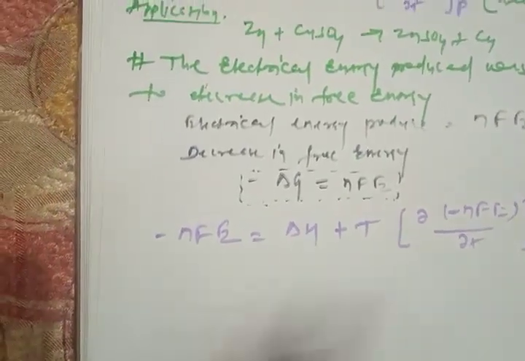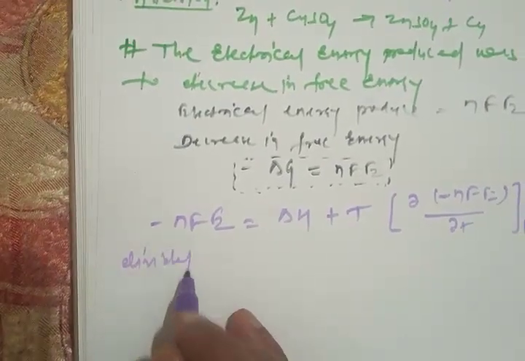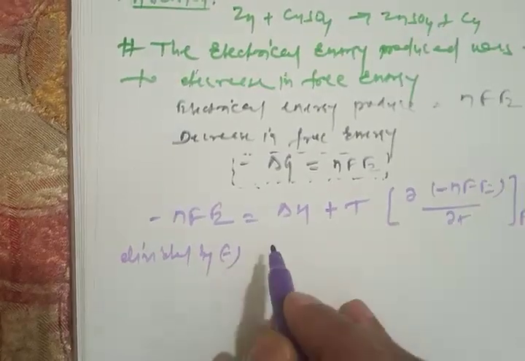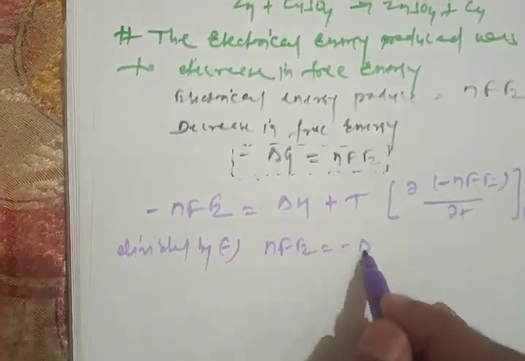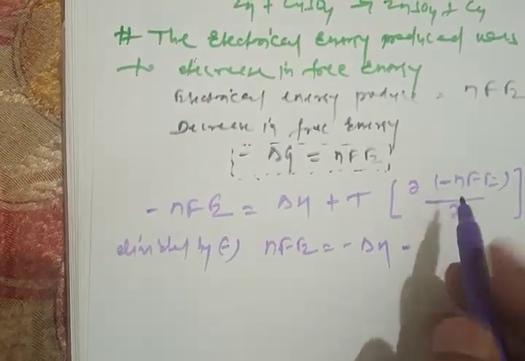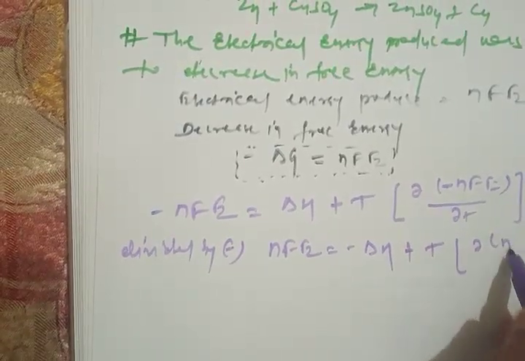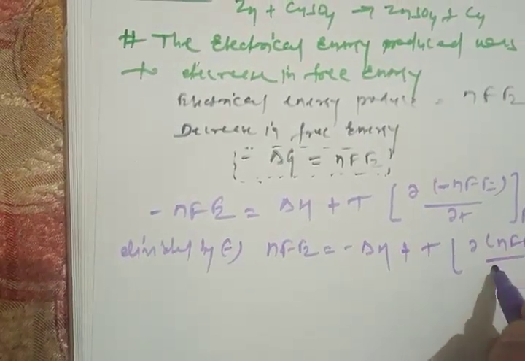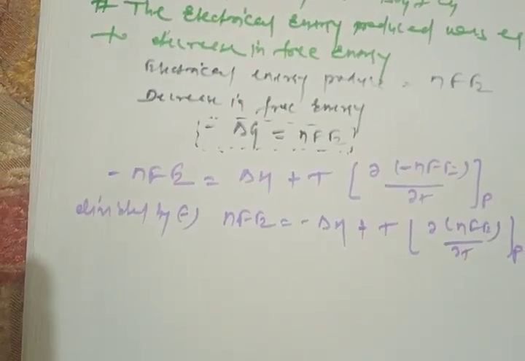Then just divide by the minus sign. Here this nFE will be positive, del H will be negative, and for T the minus will escape out, so del nFE upon del T at constant pressure.